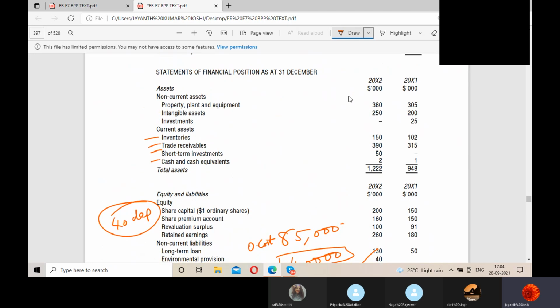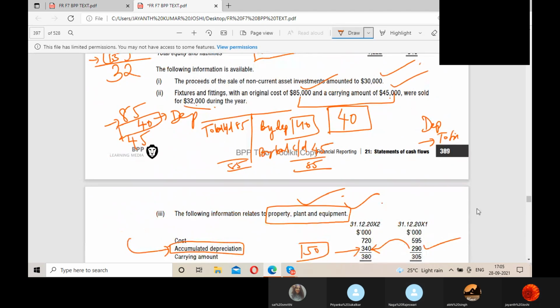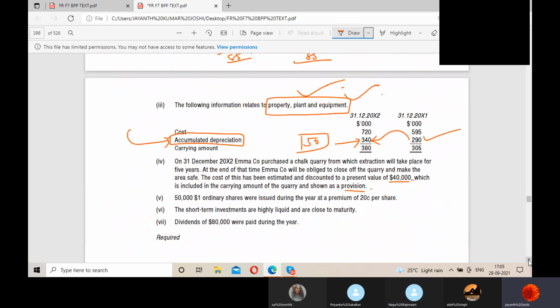See, your non-current investments were of how much? 25, correct? This year you are not showing them in the books. Why? Because we have sold them. Sold for how much? 30. What's the profit you got?